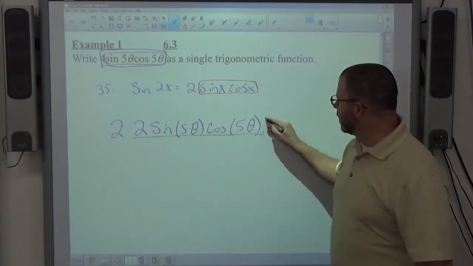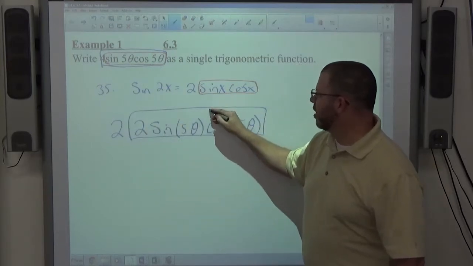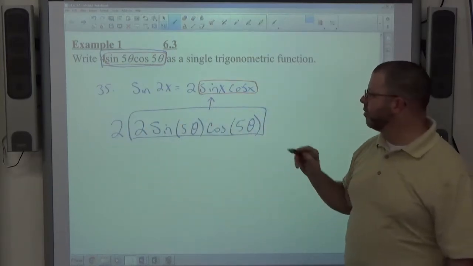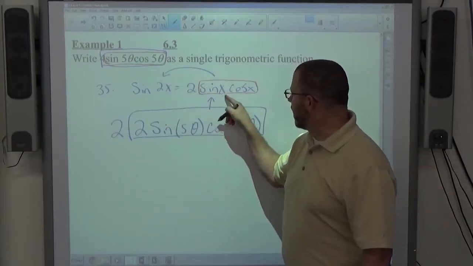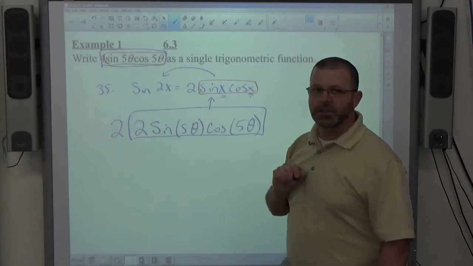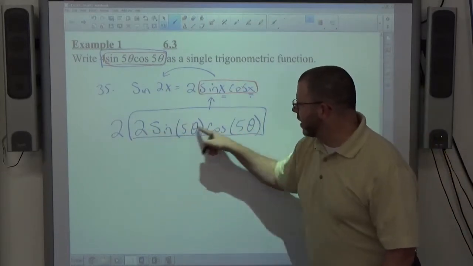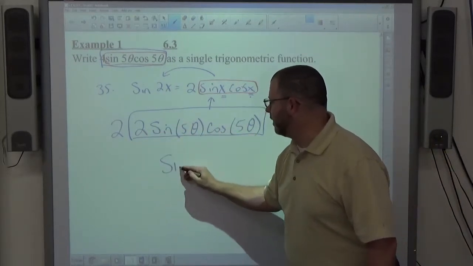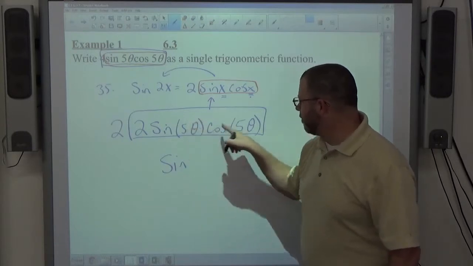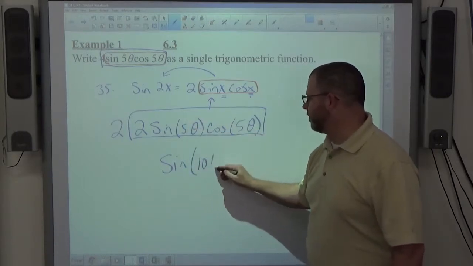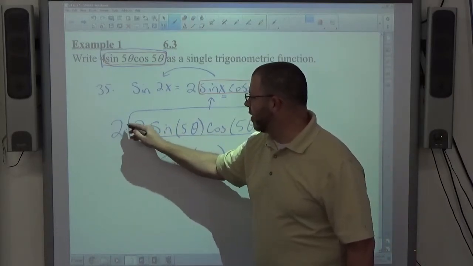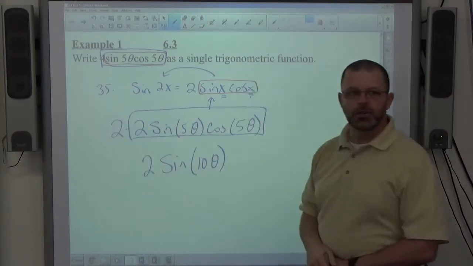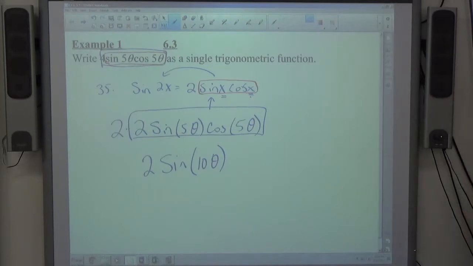This part here matches the exact structure of that part there, which tells me that to get to this point, I'm going to take whatever this angle measure is and I'm going to double it with a sine. So this part that I've got boxed off here is going to be sine, and I'm going to double 5 theta, so it's going to be 10 theta. The 2 that's out here that's being multiplied by this box is still outside of here, so 2 times sine of 10 theta.